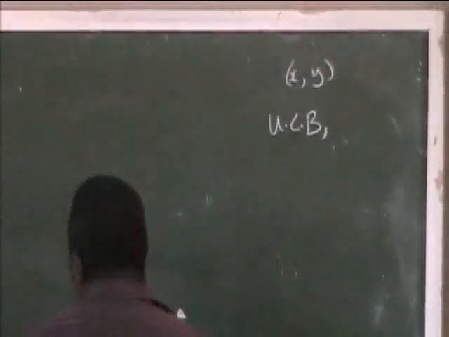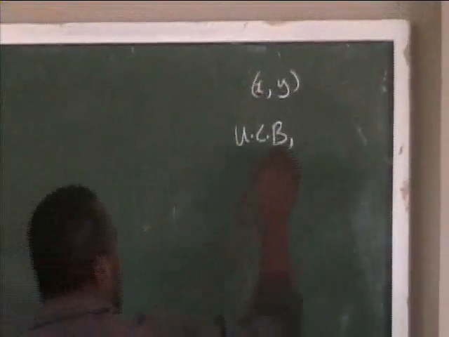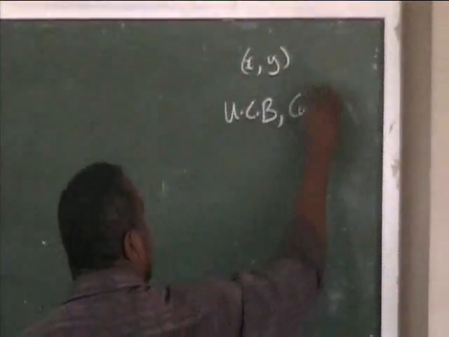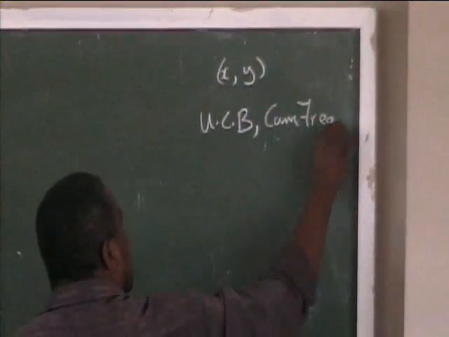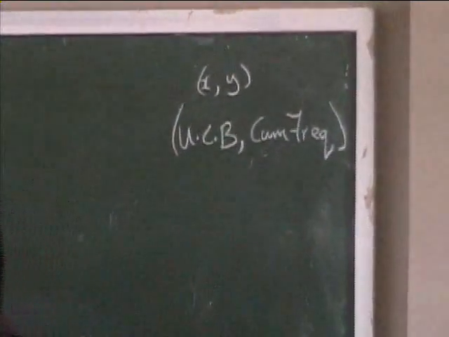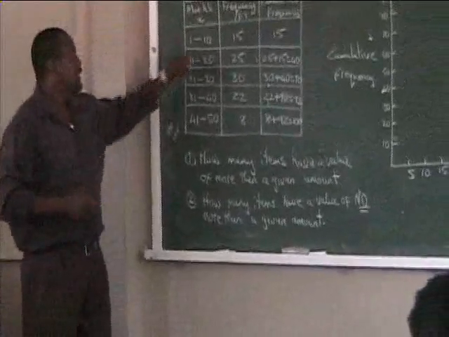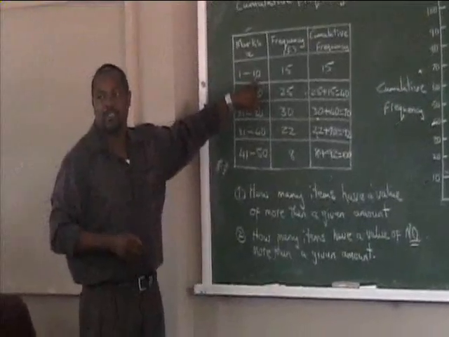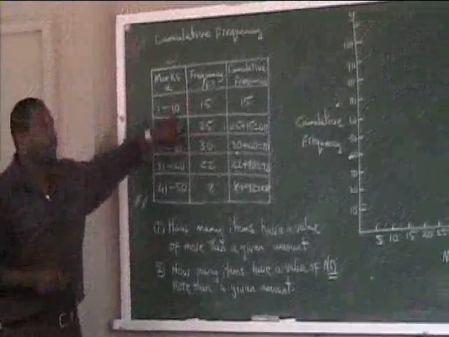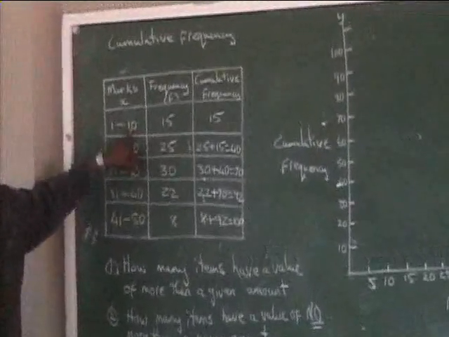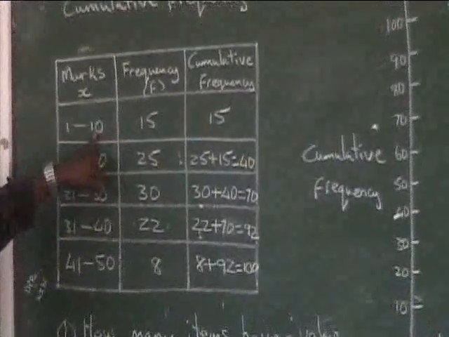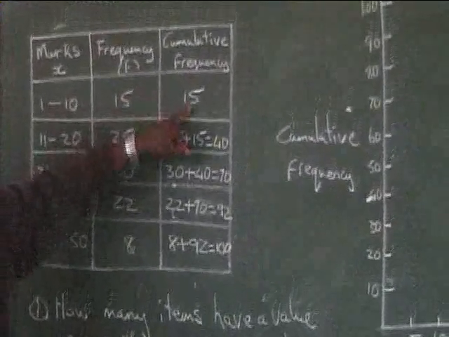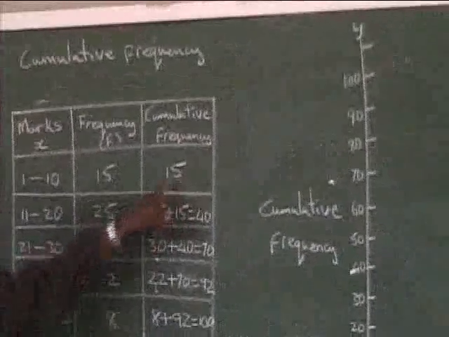In this case, because we have a range of values that represent mass, how do we get the upper boundaries? Simply by adding 0.5 to 10. So we look at 10.5. So 10.5 will be the first value we use for x, and we're going to plot that against 15.